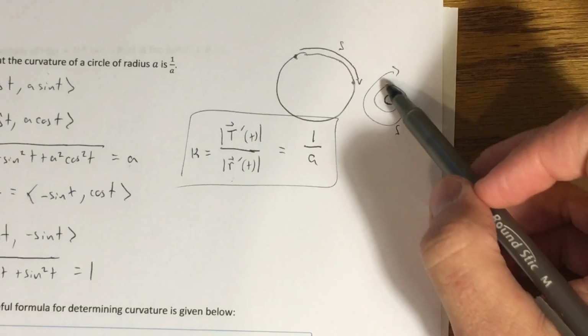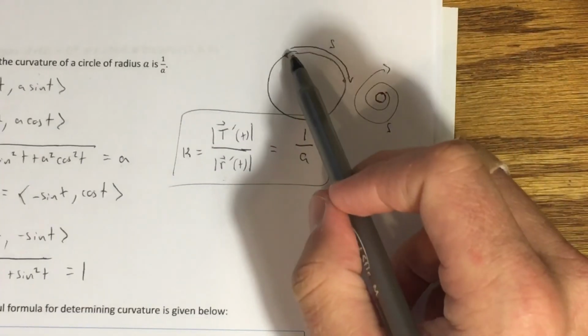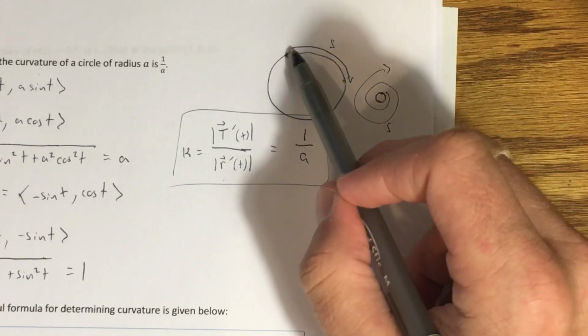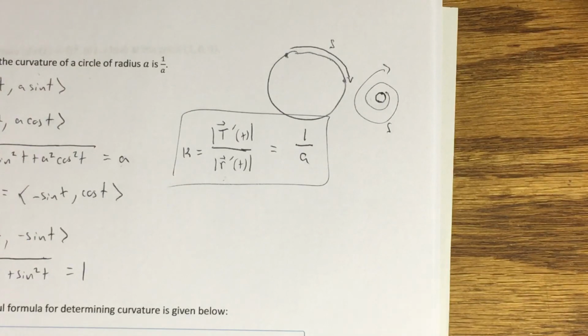Well, that unit tangent vector is changing much more quickly in the small circle, even though the linear distance covered is the same as on the larger circle, where a far less drastic change in T would be occurring.